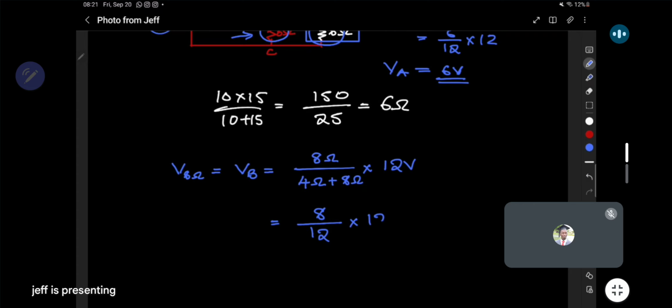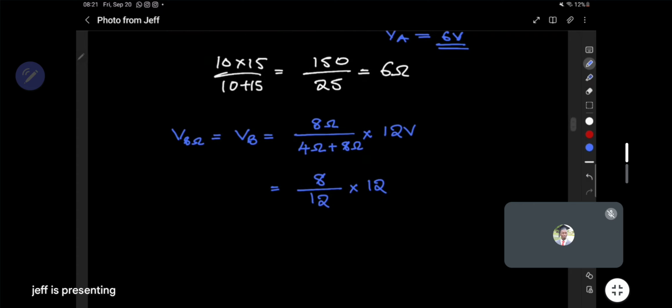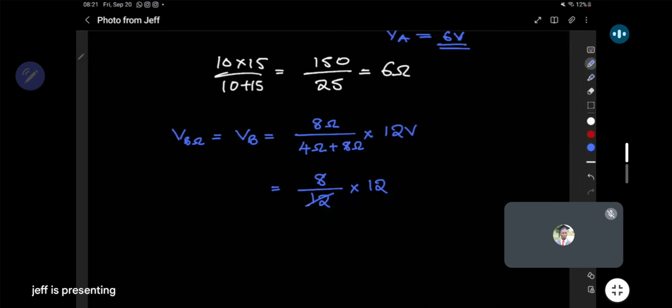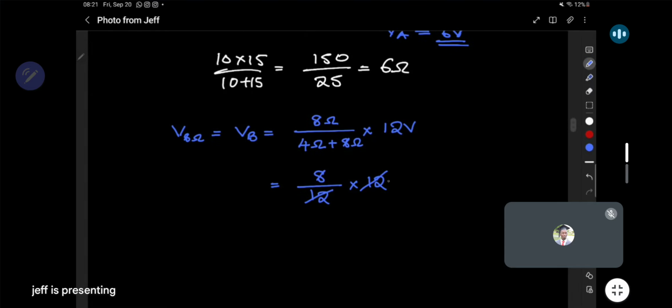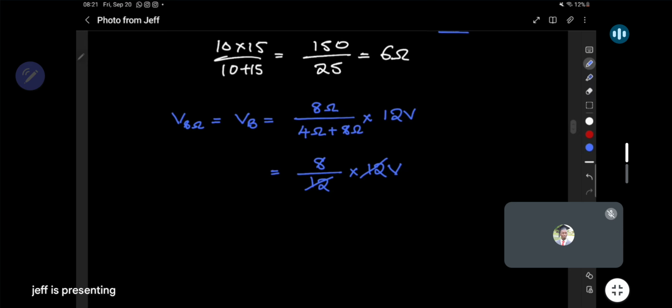Then multiplying this, so yes, that's 12. So the 12 here and the 12 there will cancel out. And then the 8 is what will remain, because the ohms cancelled. So the answer is going to be 8 volts. So VB is actually at 8 volts.